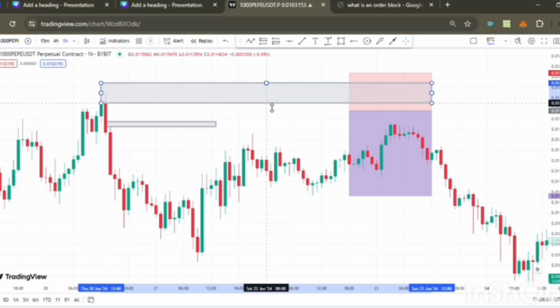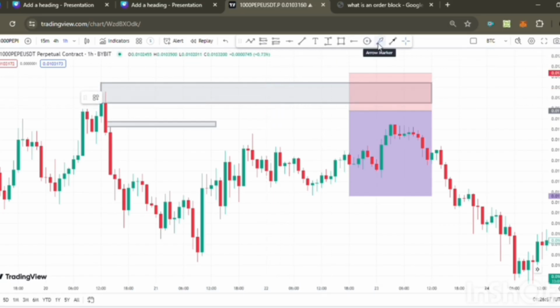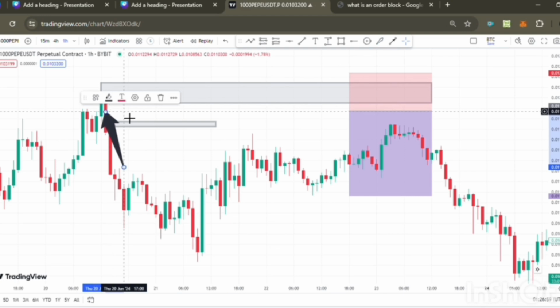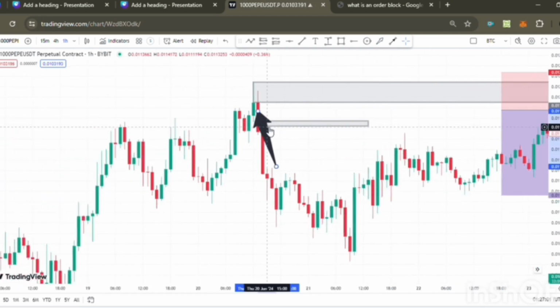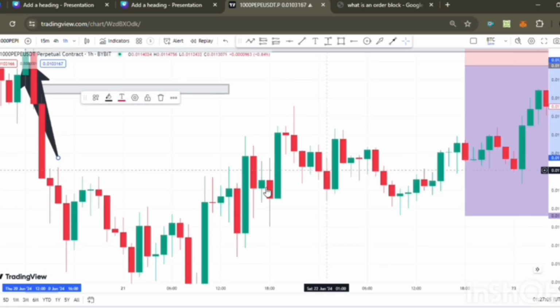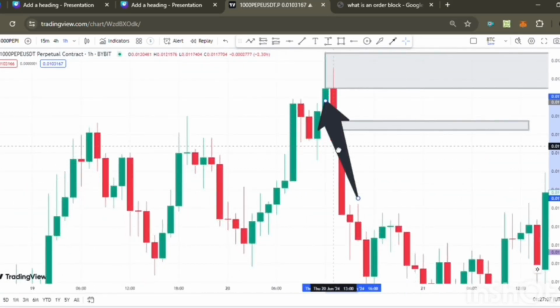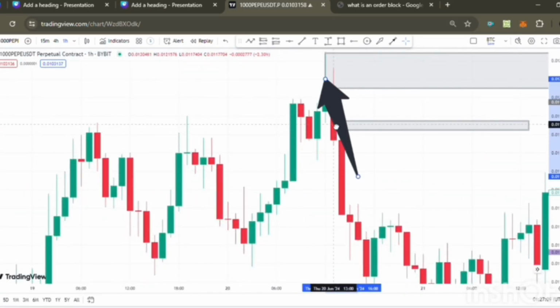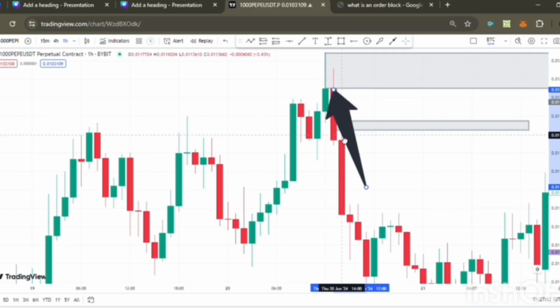This is the upper body now. So this is the wick. Now this is the body, which is the closure of the what?